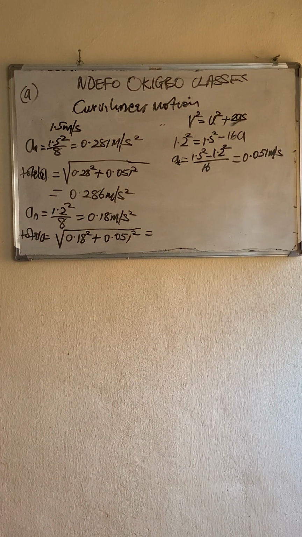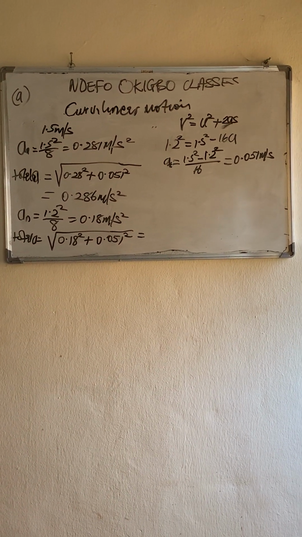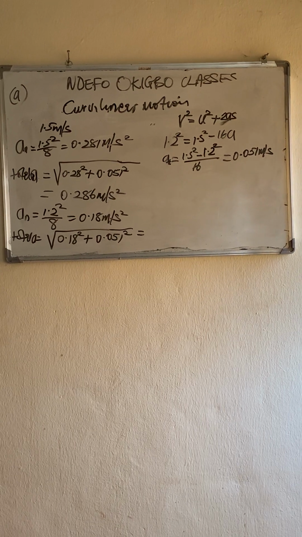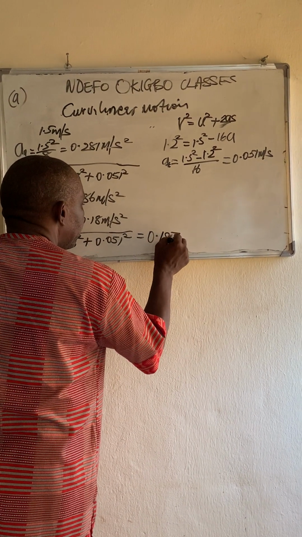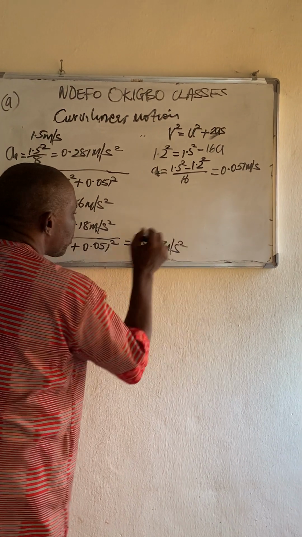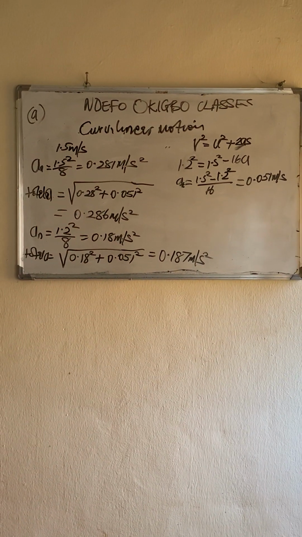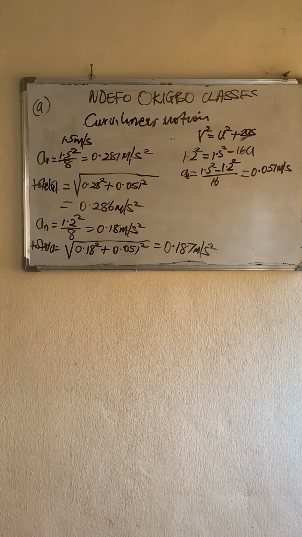That gives the total at the end of the journey, which I got to be 0.187 meters per second squared. That's as simple as that.